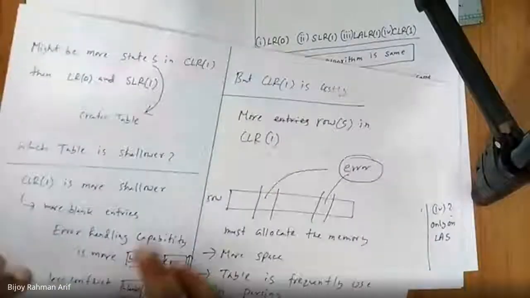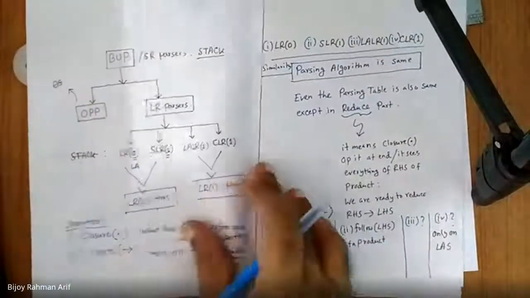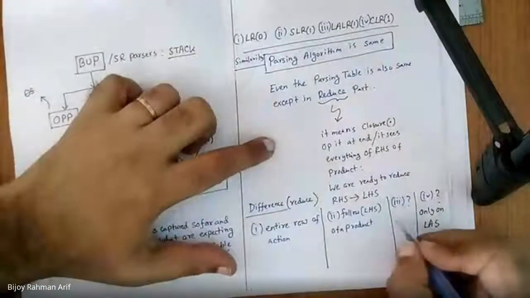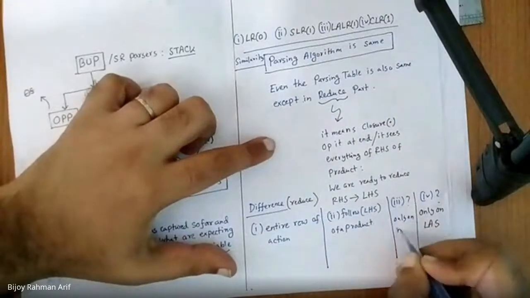So you people understand this, and that is one. And then on merge of.